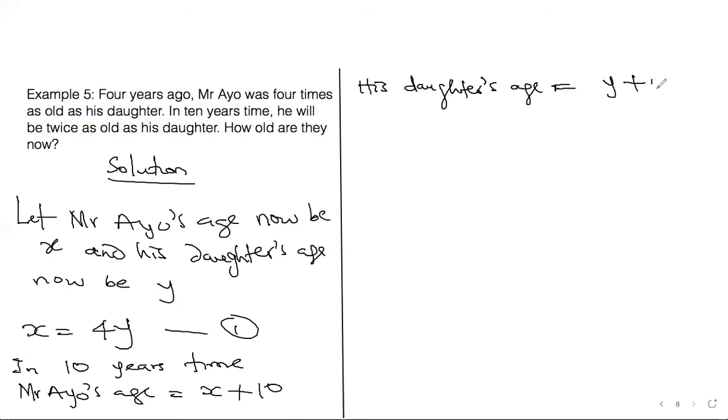Because in 10 years' time, you add 10 to their ages. For example, if you are 10 years now, you will be 20 years in 10 years' time.